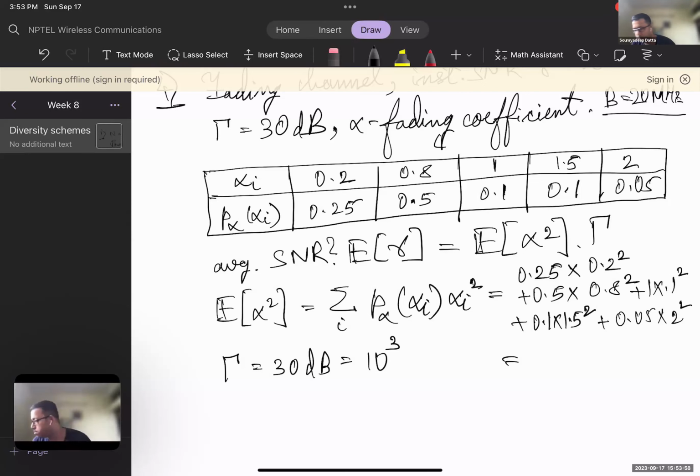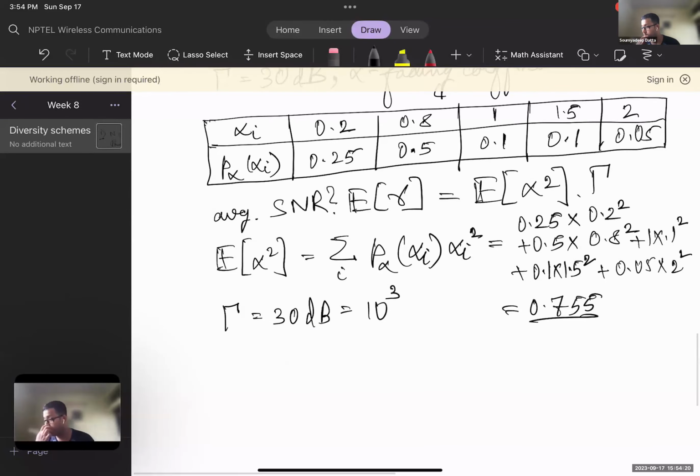So you have to just calculate and tell me. It's the probability times the magnitude squared. I'm getting 0.755. You can plug it in now over here and get the answer.